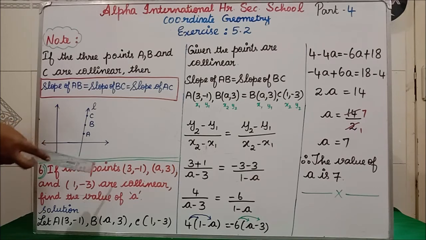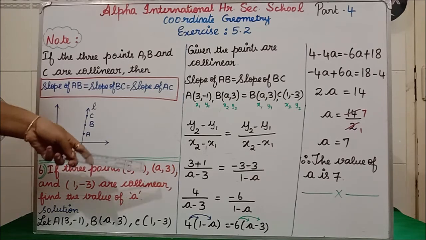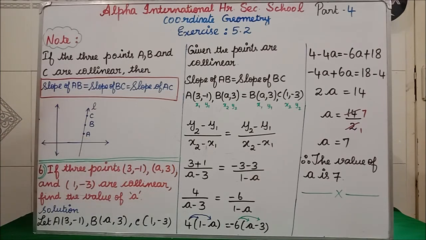If 3 points (3, -1), (a, 3) and (1, -3) are collinear, find the value of a. Okay, what are the values given? A is (3, -1), B is (a, 3), C is (1, -3).